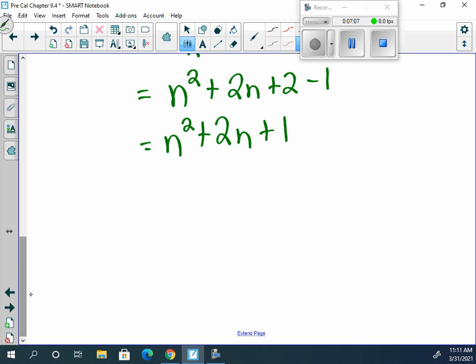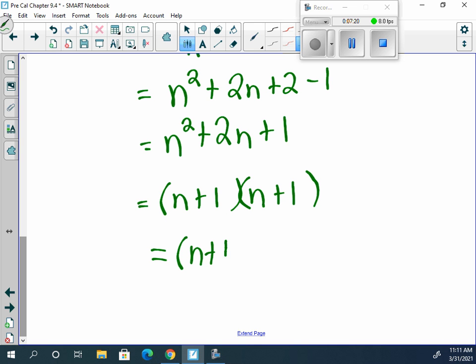Is this factorable? So, this is equal to n plus 1 squared.